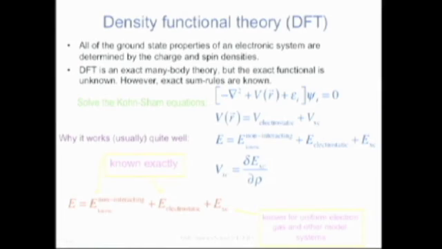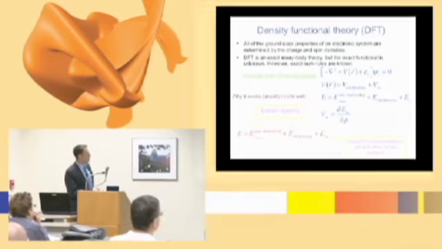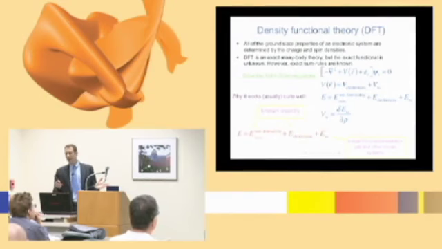And in fact, I'll be showing you that there's a proof that such a form actually exists. Okay. So the potential here is a sum of really two parts. The first part is the electrostatic potential, which of course we know exactly, the electrostatic interactions between electrons and nuclei, and between electrons and other electrons. And then the so-called exchange correlation potential, which encompasses all of the many-body aspects of the problem.